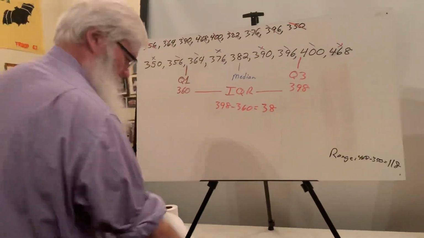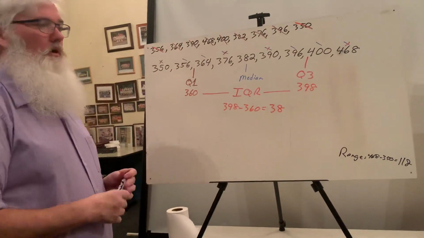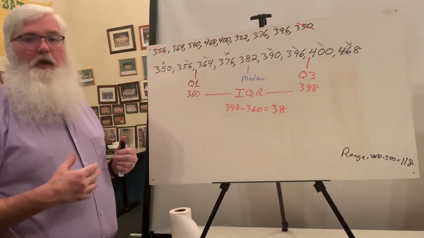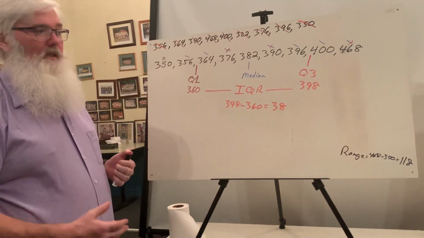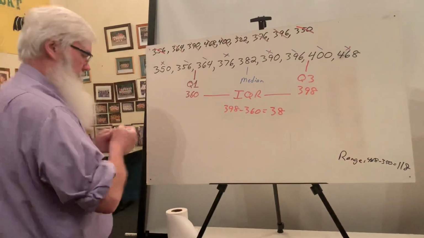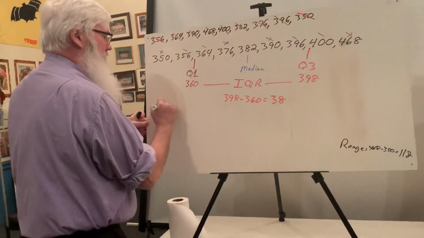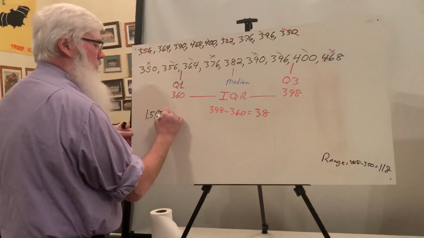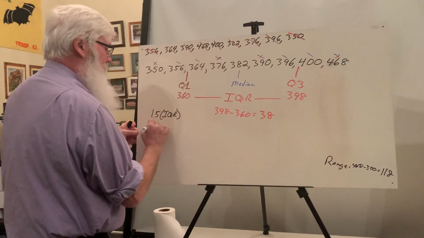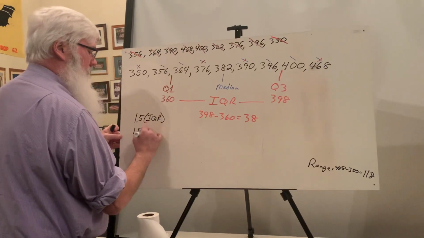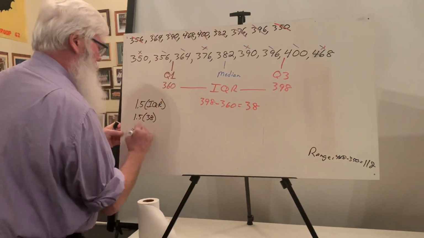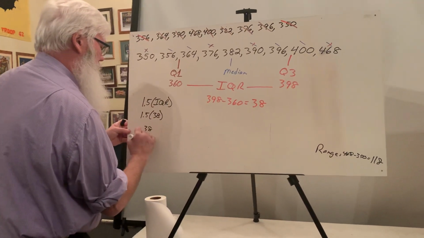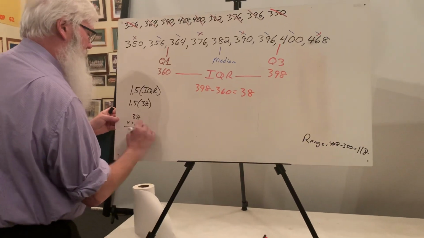All right, continuing on, we know in order to find our outliers, we have to take the IQR and multiply that by 1.5. So I take 1.5 and I'm going to multiply that to 38. So let's see, 38 times 1.5.